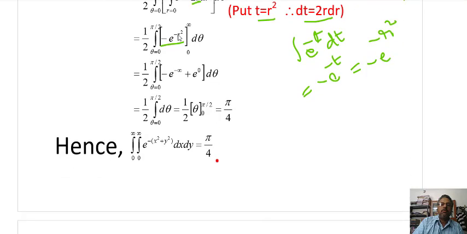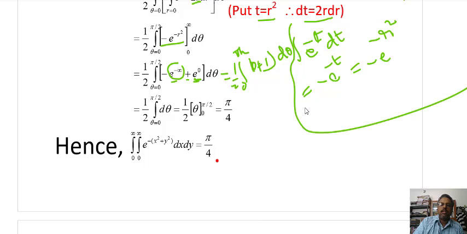Now substitute: put r equals infinity, e power minus infinity, and put r equals 0, minus e power 0. Now e power minus infinity is 0, and this quantity is 1. That's why 1 by 2 times the integral from 0 to pi by 2 of 0 plus 1, d theta.